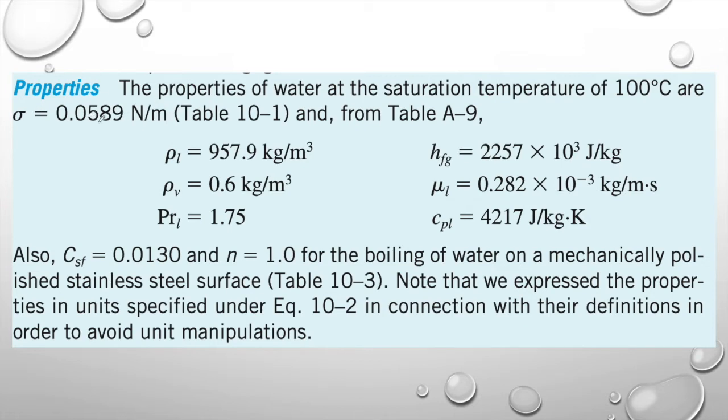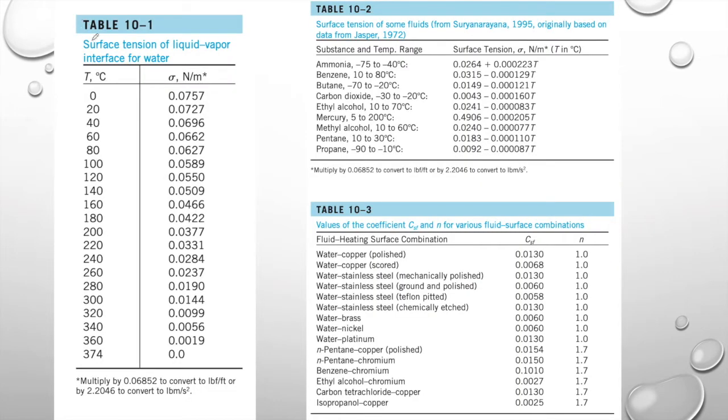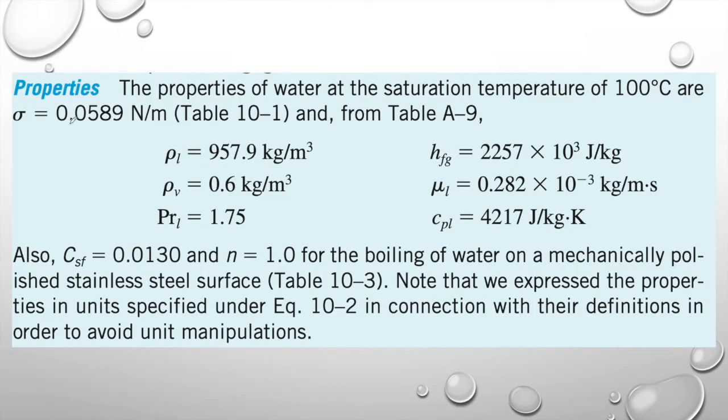Where do we get this value? Since we deal with water, we directly refer to table 10.1 at T saturation, 100 degrees Celsius, and take out this value for the surface tension.